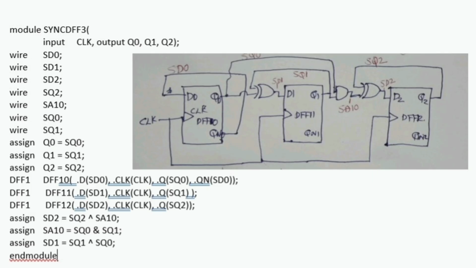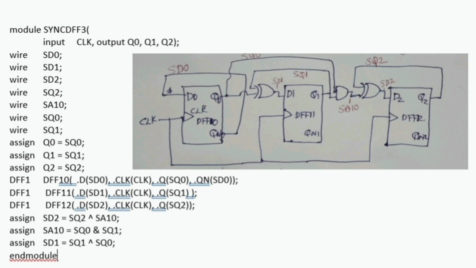Now the entire program is written over here. The module name is Sync DFF3; any name you can give. The idea over here is a synchronous counter. It uses D flip-flops, and it's a 3-bit counter, and the input is clock and outputs are Q0, Q1 and Q2, where Q2 is the MSB and Q0 is the LSB.